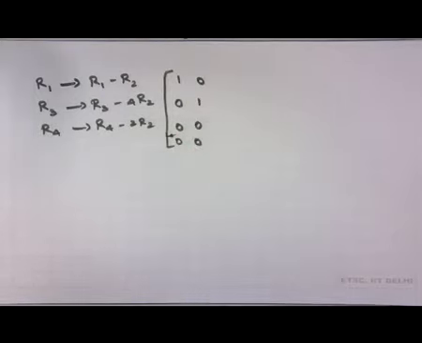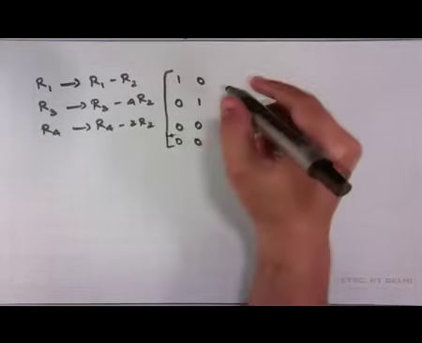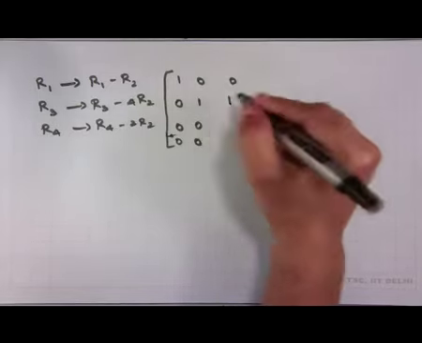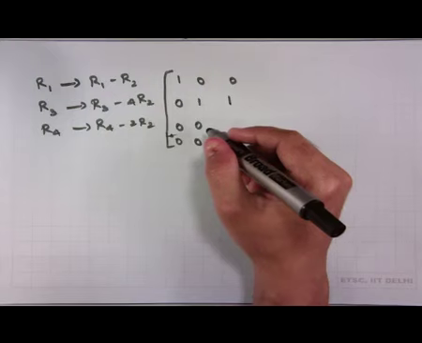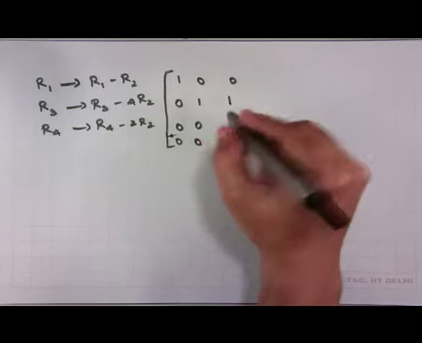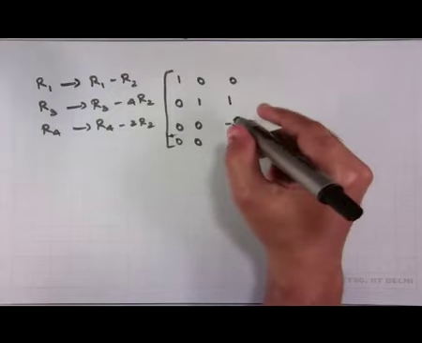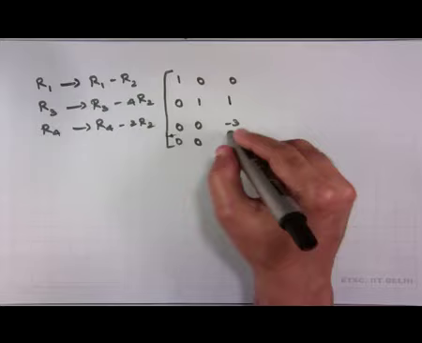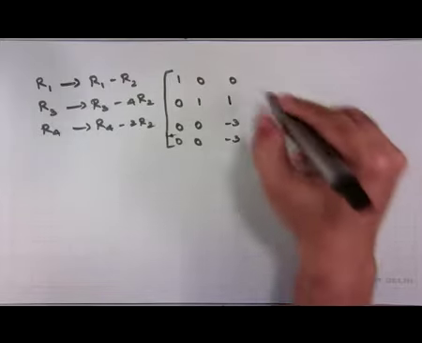Now, let us do the other one. R 1 minus R 2 you have 0 1. R 3: 1 minus 4 times R 2, which means 1 minus 4 you will have minus 3, minus 1, minus 2 times R 2 which will just give me minus 3.